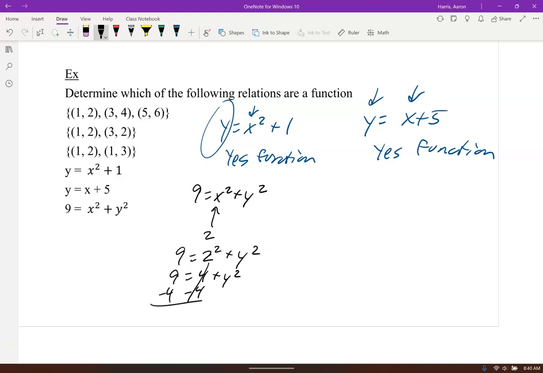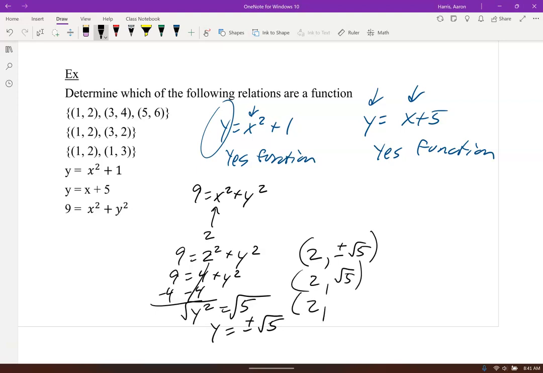So now I have 5 equals y squared. Let me write it this way. Y squared equals 5. Well, when I square root both sides, I get a plus or minus root 5. So I plugged in 2 for x, and I got 2 things for y. I got root 5, and I got negative root 5. So this is not a function.